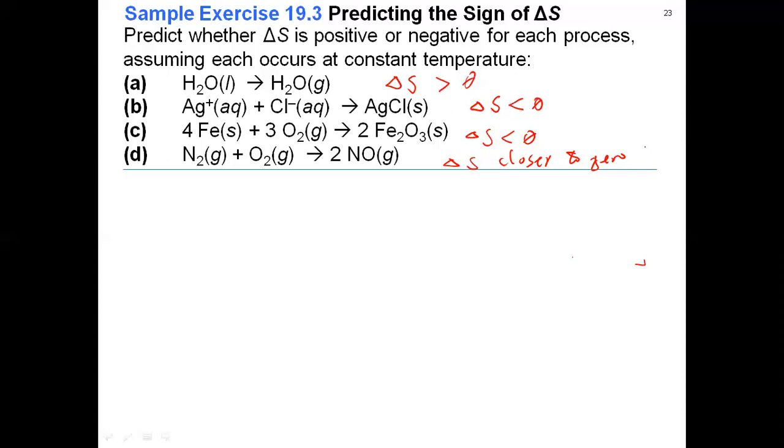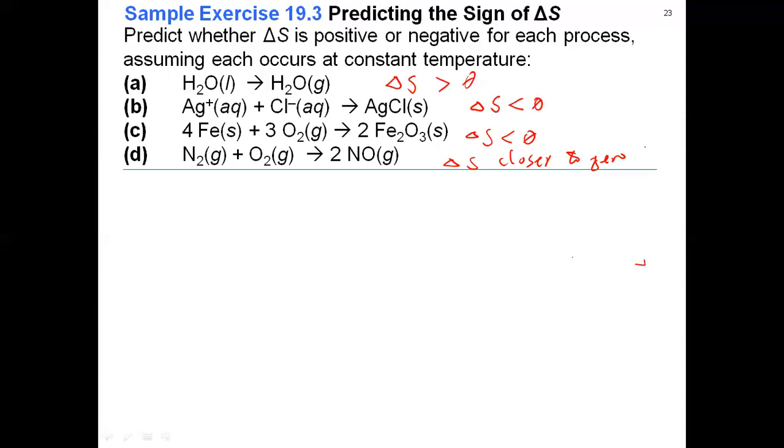All right. So in today's lecture, we covered a lot of concepts, and we studied entropy and the second law of thermodynamics. So we can use the sign of delta S to predict whether a reaction is spontaneous or not.